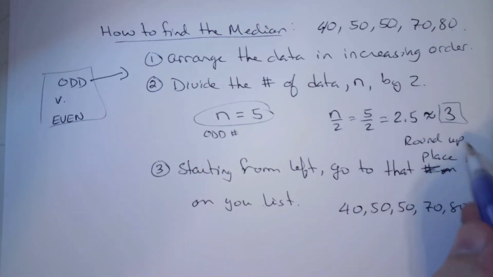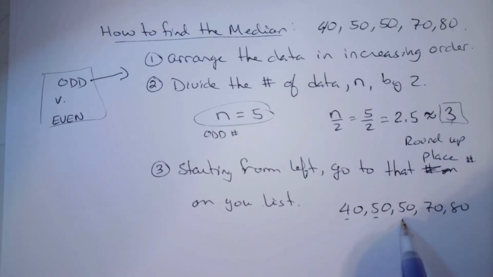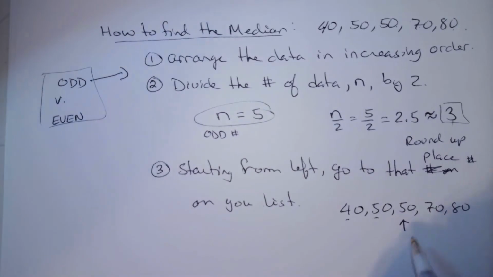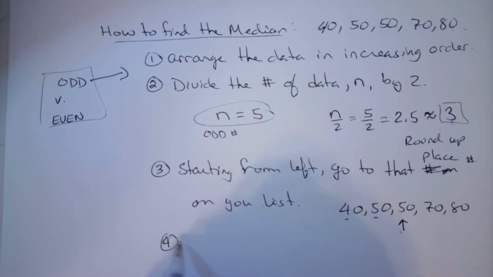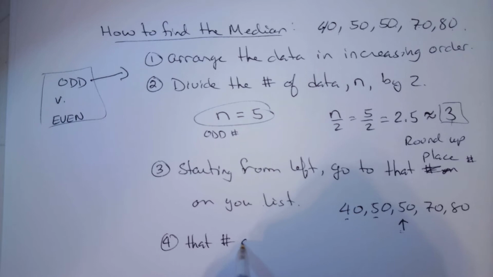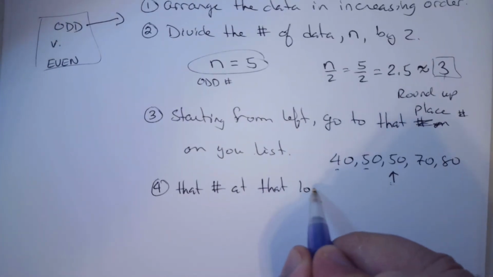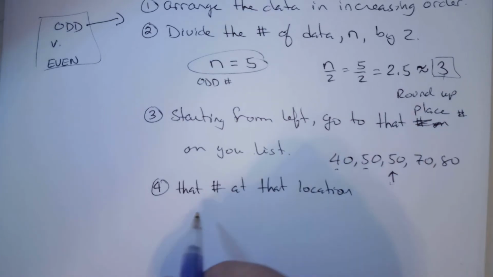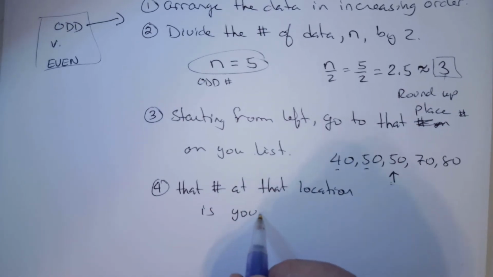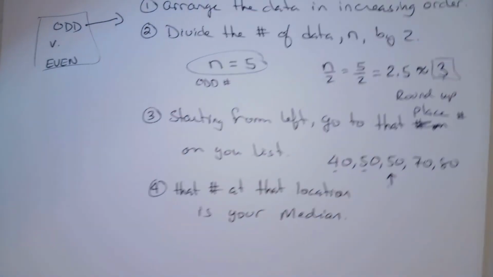So since this number is 3, we go 1, 2, 3. That number is your median. That number at that location is your median.